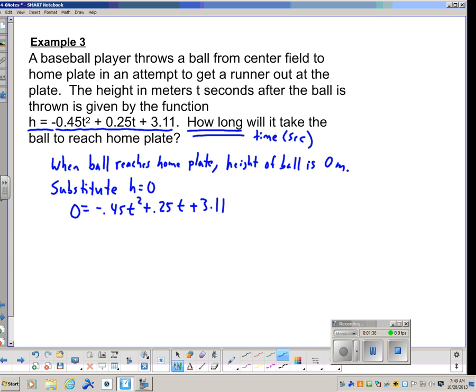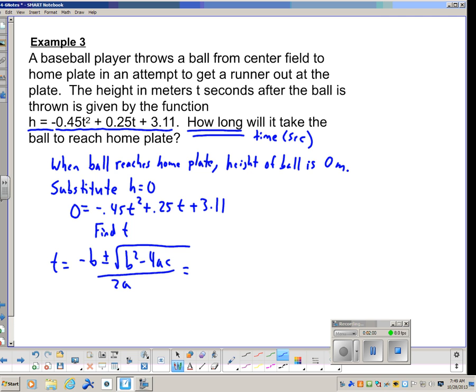So we need to get this down to t equals. We're supposed to find t. To find t here, we're going to use the quadratic formula. The quadratic formula says t equals the opposite of b plus or minus the square root of b squared minus 4ac all over 2a.